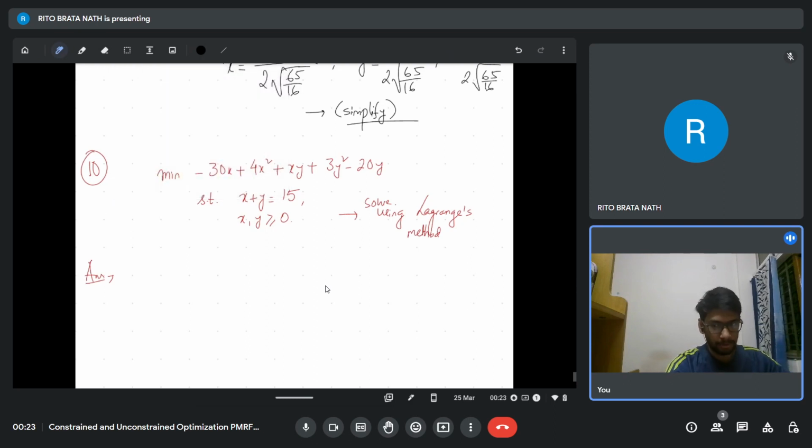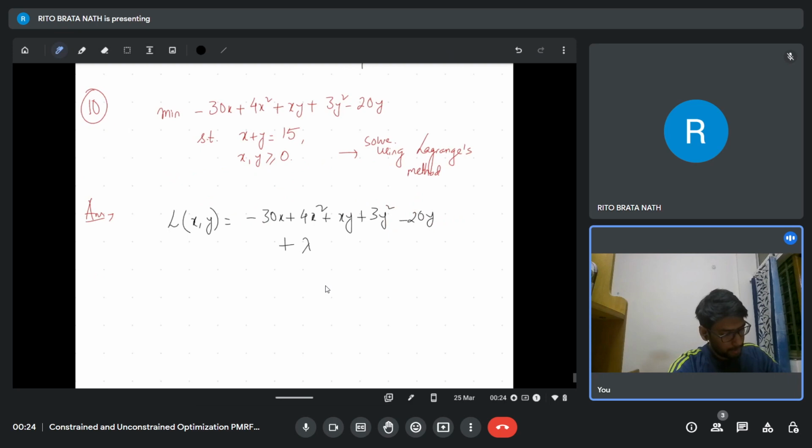So let me quickly give a sketch to solve this. It's a two variable problem. So you have to write down the objective function first, and since it's a minimization problem, you need not transform it in any way. And this is lambda times x plus y minus 15. After that, you can find del L by del x.